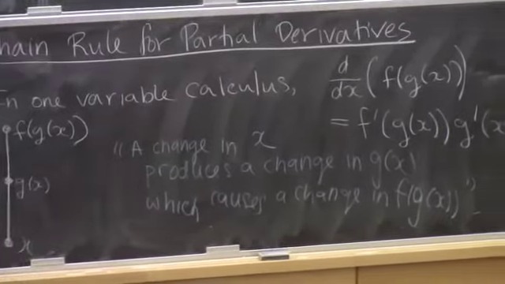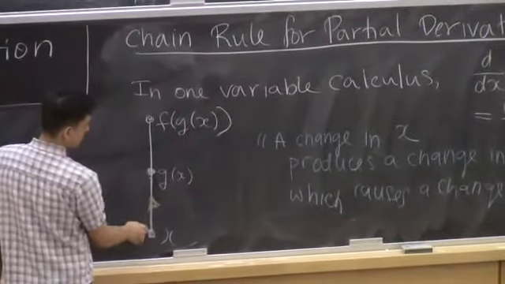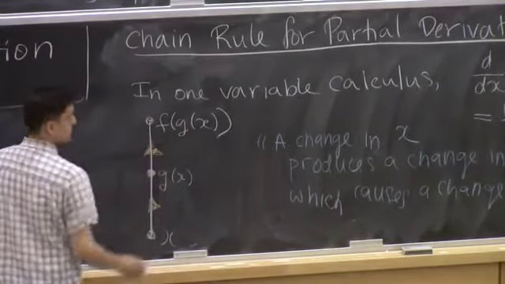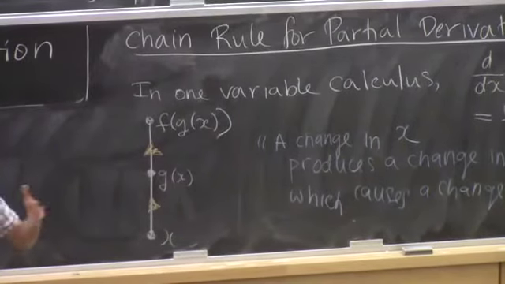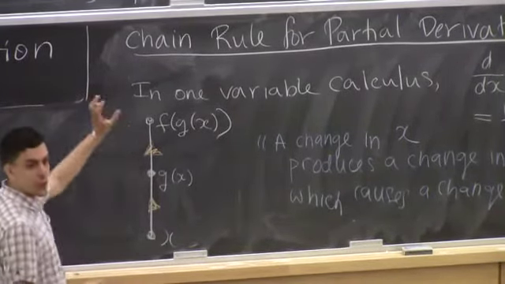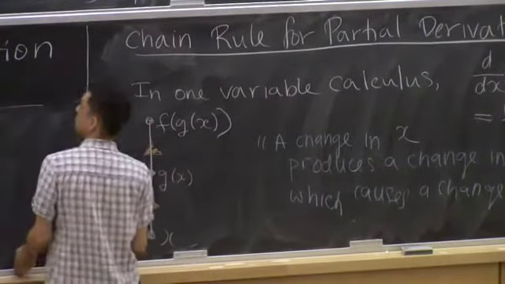Okay, so changes go up our diagram. A change here causes a change here, causes a change here. We can kind of think of it in supply and demand terms or something. Okay, so that's the one-dimensional picture of how this stuff works.